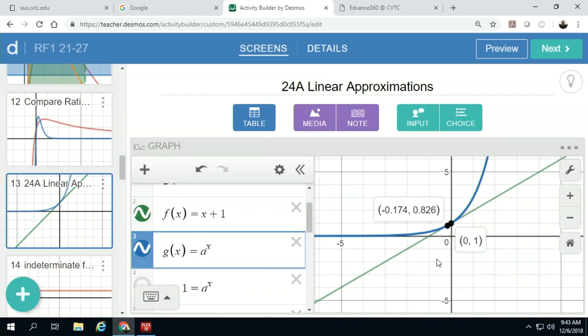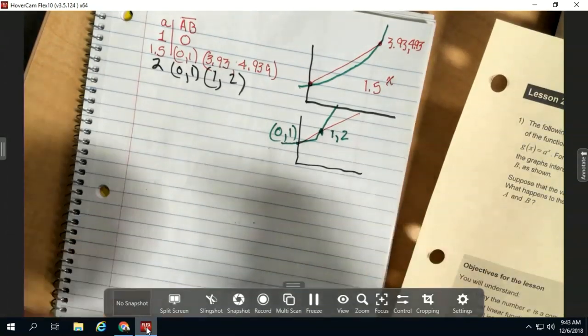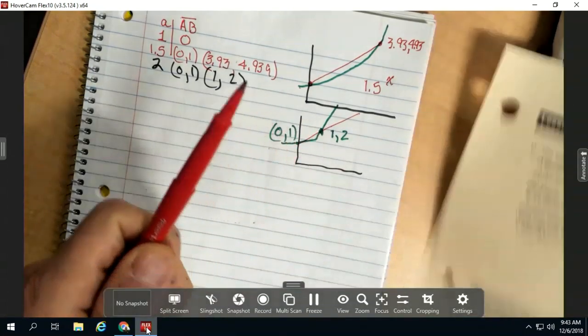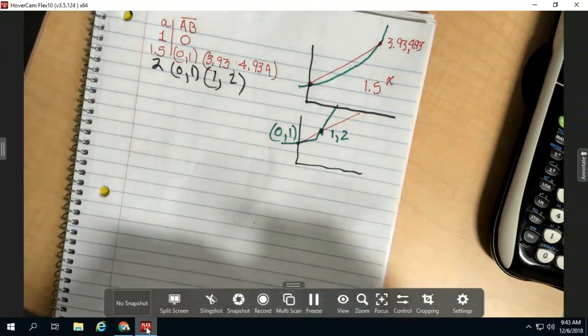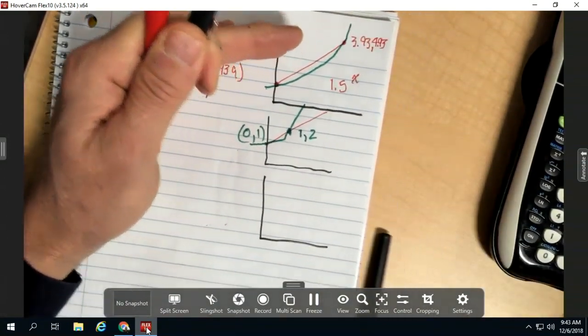If we tried 3. It's negative, right? So at some point here, let's draw the graph of 3 just so that we can see what happened here. Here's our line.